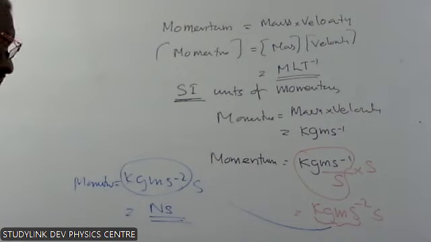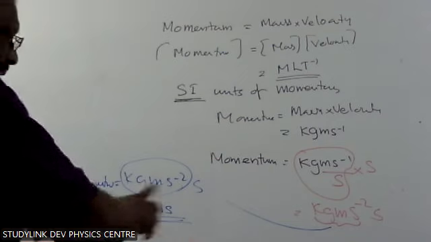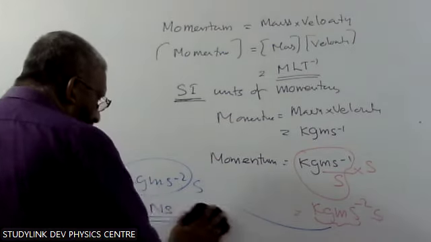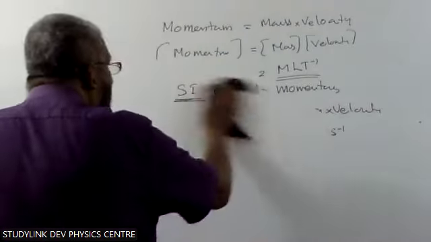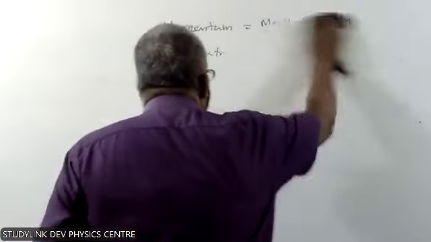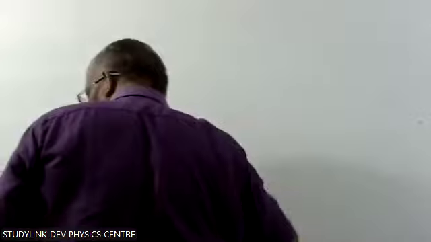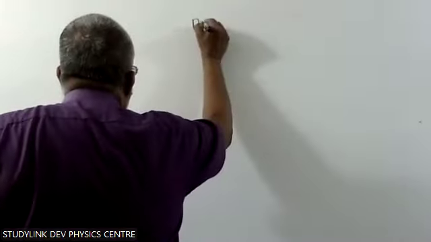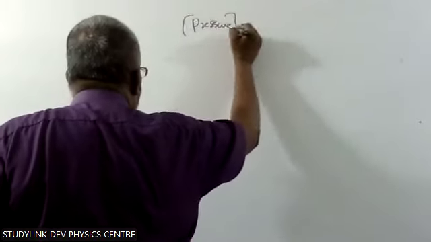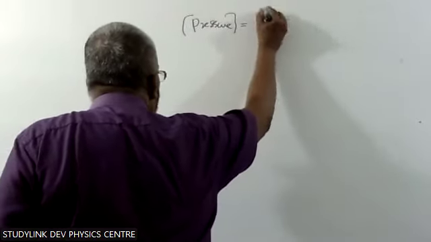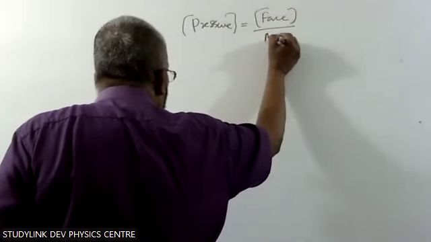Right, next one. Now we can get any SI unit or dimension. Dimension of pressure. Directly we can write the dimension of force divided by area.